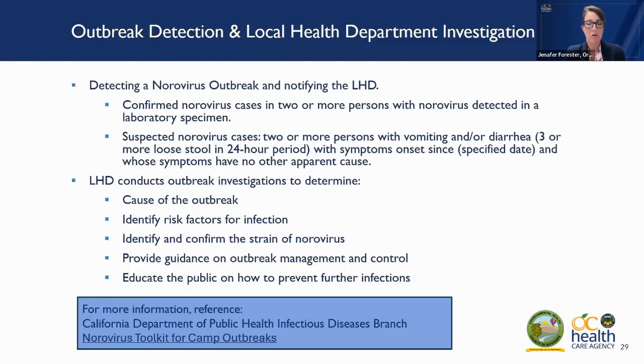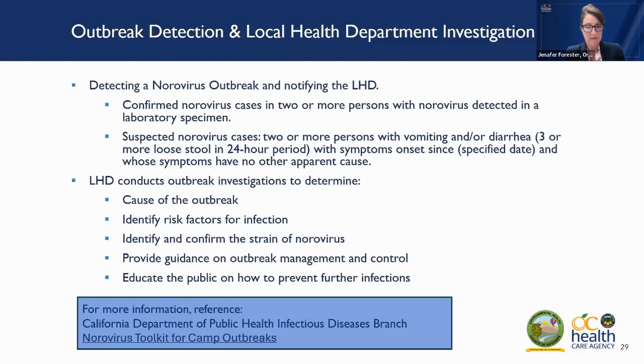Or 2, a confirmed norovirus outbreak can also be identified through persons detected with laboratory specimens. Although it is noteworthy that sometimes coordinating testing with lab results does take longer. So signs and symptoms is often used as a preliminary.